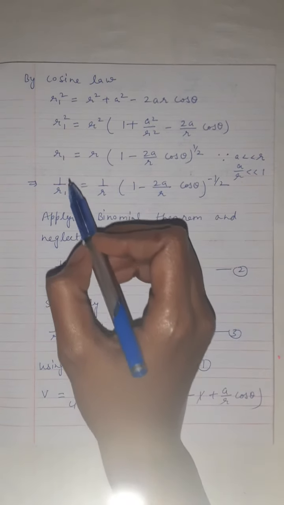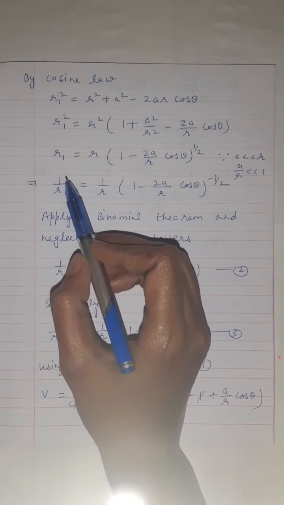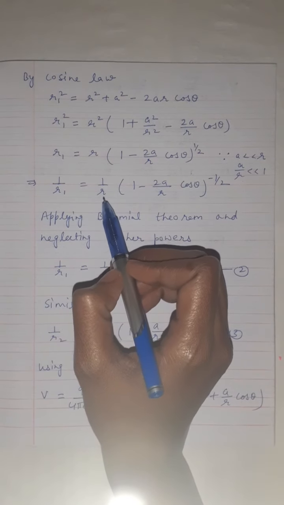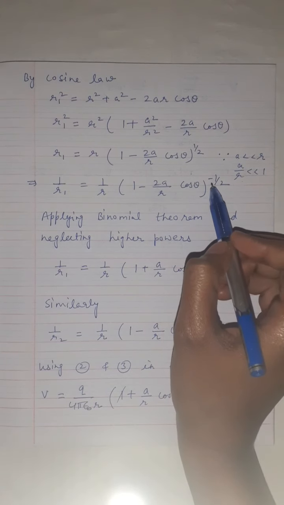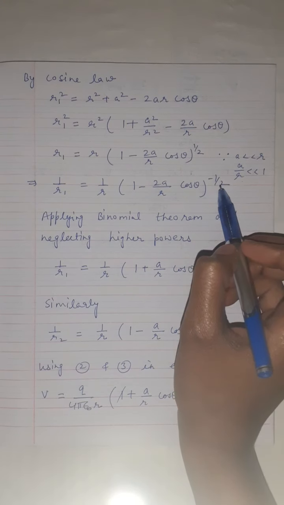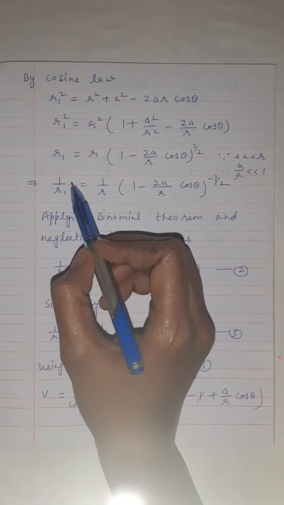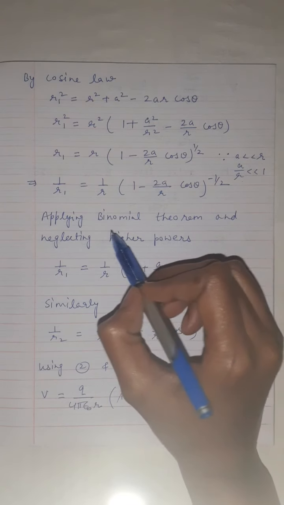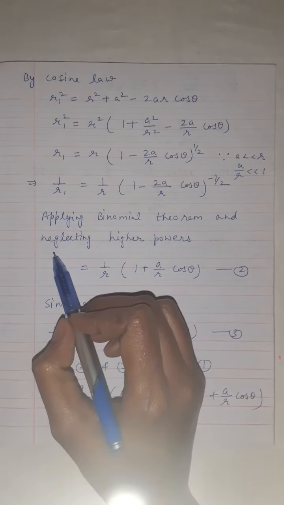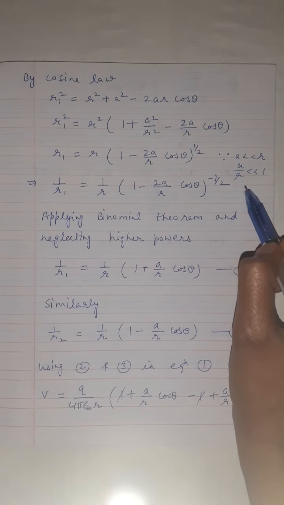So if we reverse this whole equation, we will get 1 upon r1 is equal to 1 upon r times (1 minus 2a upon r cos theta), and this half power will become minus half power. To calculate the final value of 1 upon r1, we can expand this with the help of the binomial theorem, and again we will neglect the higher powers of a upon r.